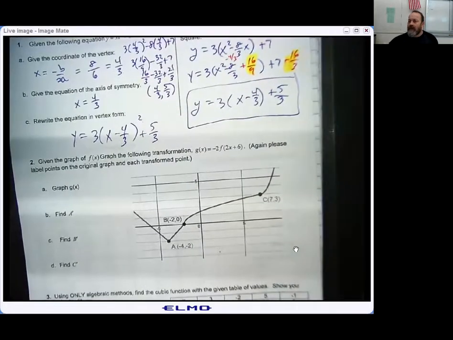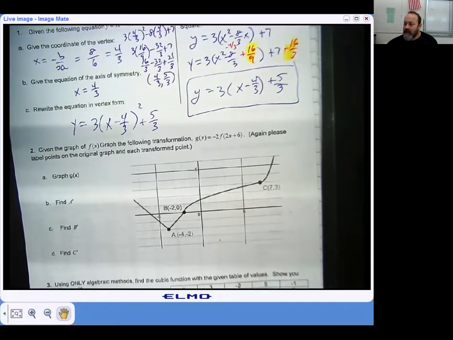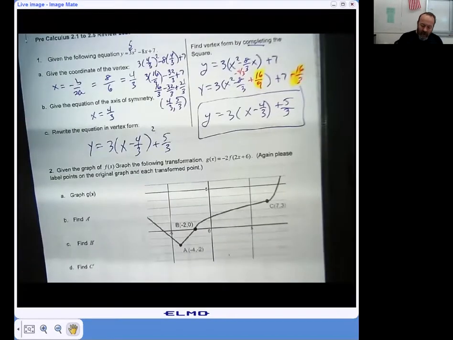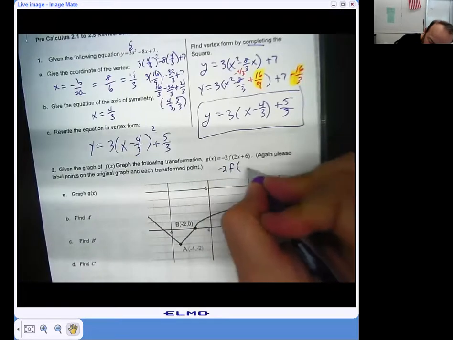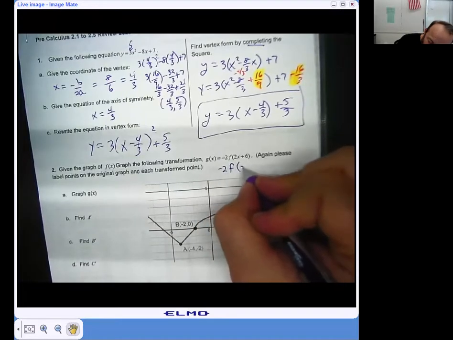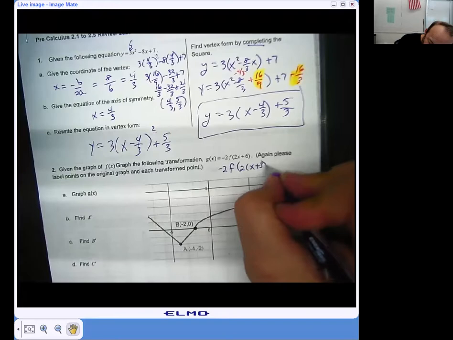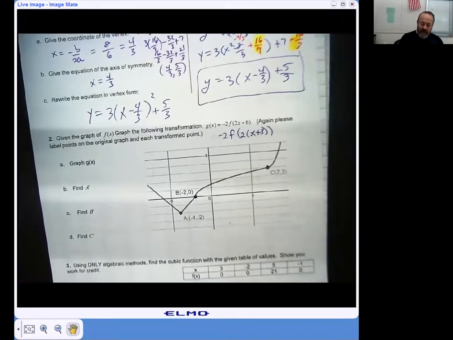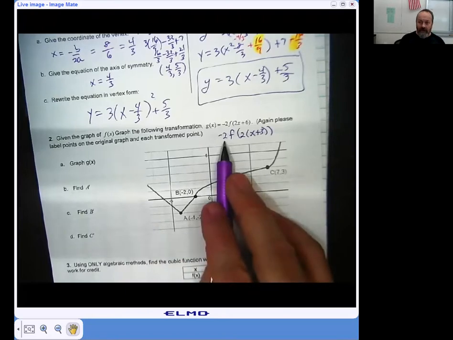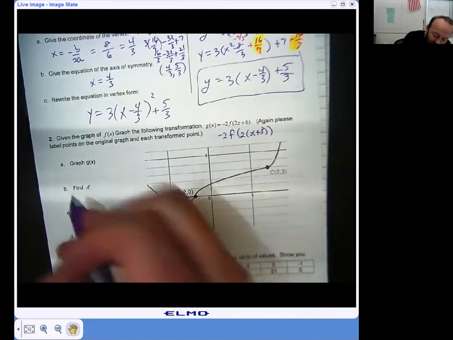Now, when we go to the next problem, let me see if I can make the screen a little bit bigger. I'm going to try to use graphing by transformation techniques. And one of those techniques we said is never let anything be attached directly to x. And so that would mean that we would want to take all of the y values and multiply them by -2.